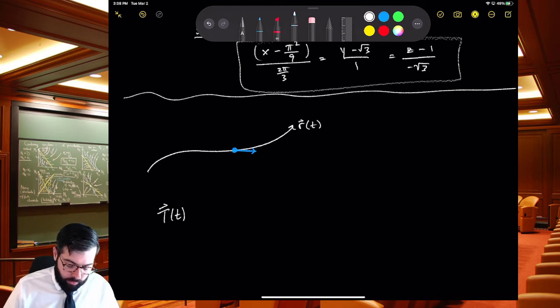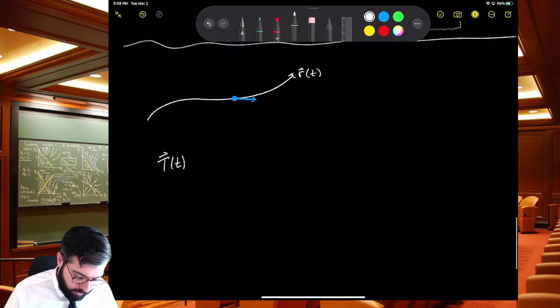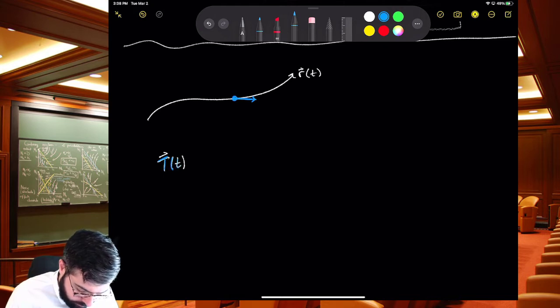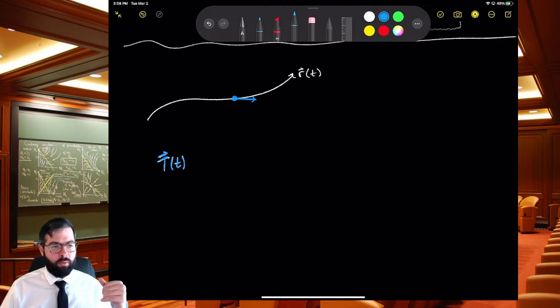So what pops up is a few other vectors. So we'll call this the unit tangent vector. Since it has length 1, all it's preserving is the direction of the space curve.